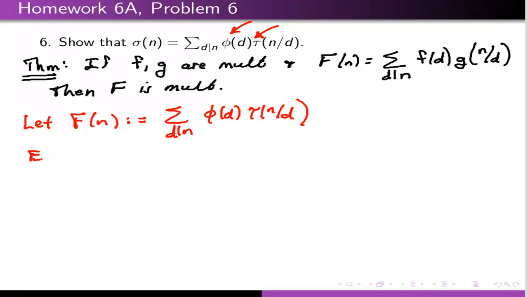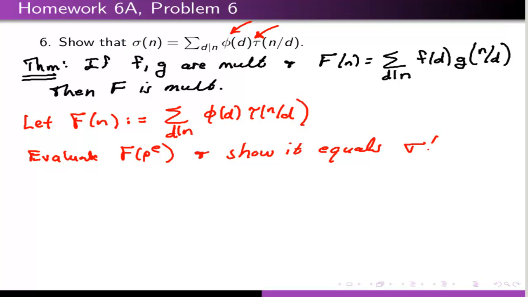And then just evaluate F of p to the e. And what should it come out to equal? And show it equals the sigma function evaluated at p to the e. And then since both of these are multiplicative and they agree on prime powers, they will agree for all values of n.